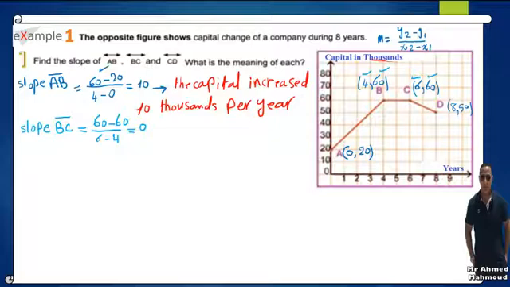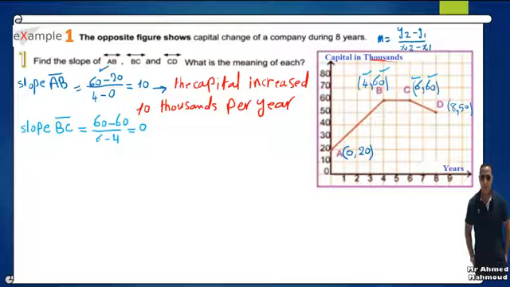Again, in the previous line the capital increases, it goes up. In this line we have a constant change in the capital. That means the capital doesn't change because, by another way, in the fourth year the capital was 60, in the fifth year the capital was 60, in the sixth year the capital was 60. That means there is no change in the capital in this area.